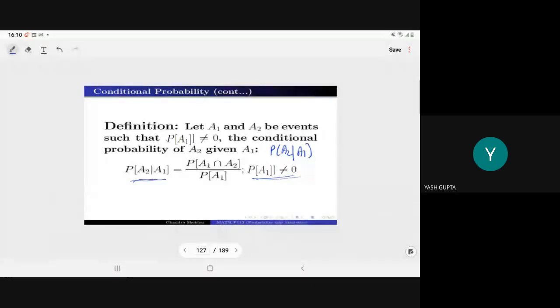Whenever A1 has occurred, what is the probability of occurrence of A2? This is nothing but A2 intersection A1. When we compute the ratio of unconditional probabilities like this, we say it is the conditional probability.